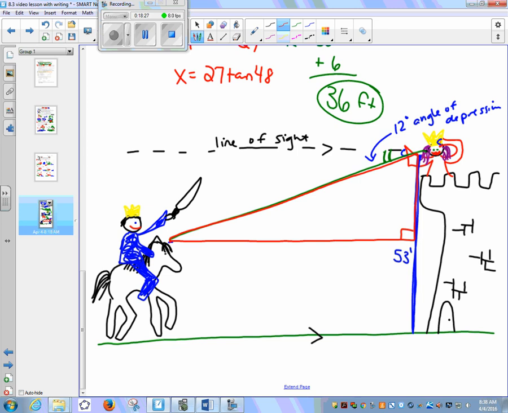The angle of elevation is here, but that's a good point. Is that angle actually in this triangle? You could use 78 because 78 plus 12 is 90, and we know that that's about 90.